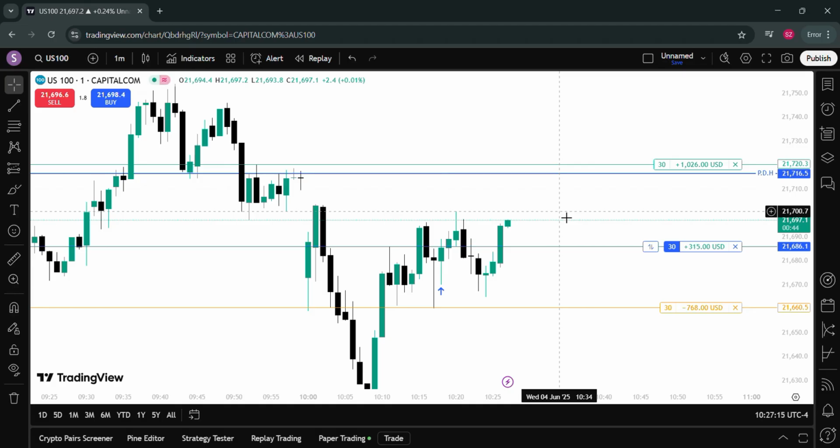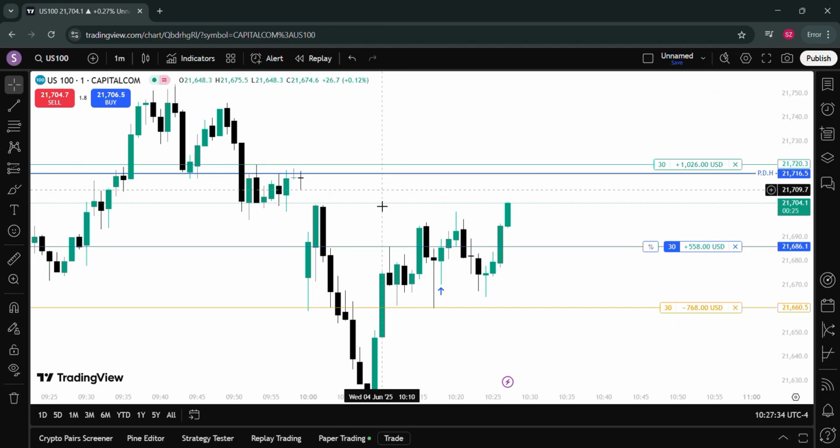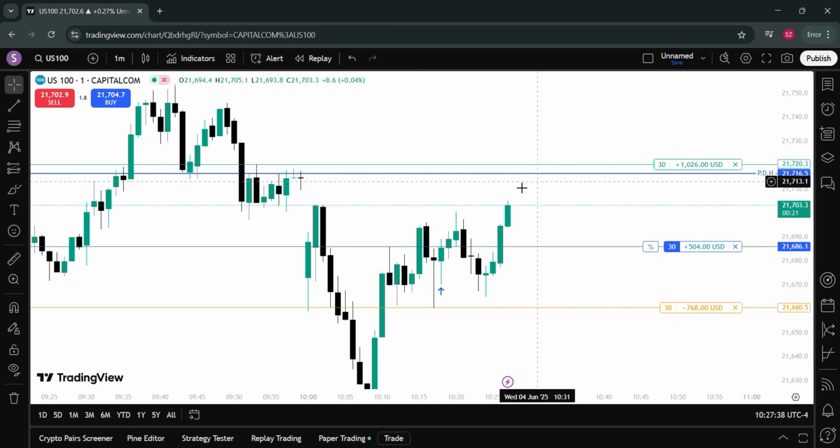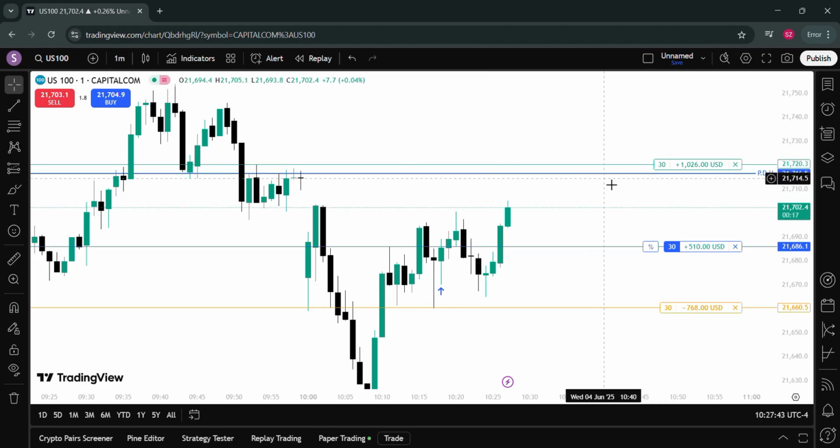If price makes a bullish FVG, then it would be a good sign. Now it has touched the unfilled area. Let's see if it can complete it fully. My TP is just a little bit above previous day high.